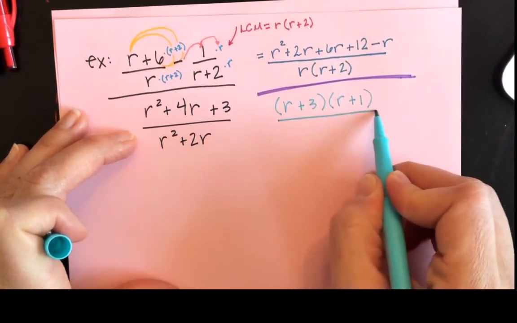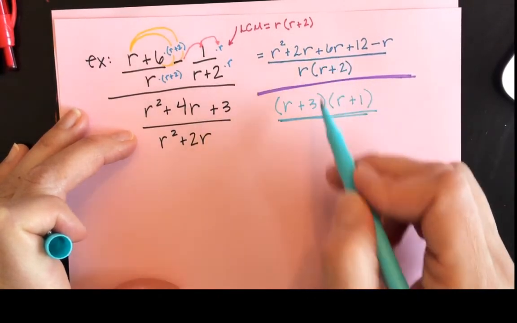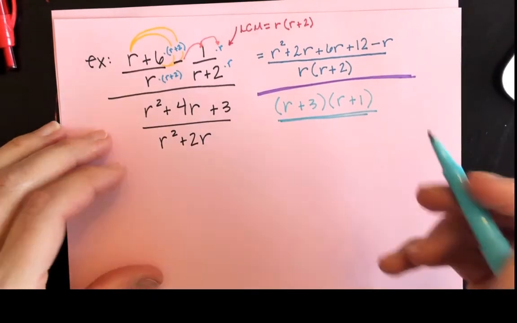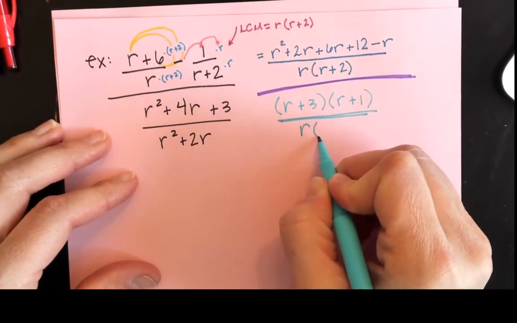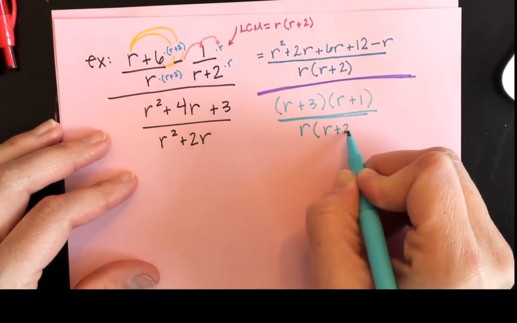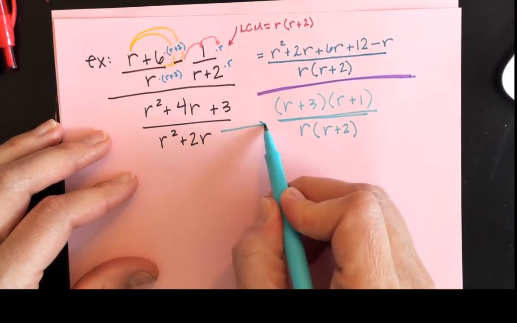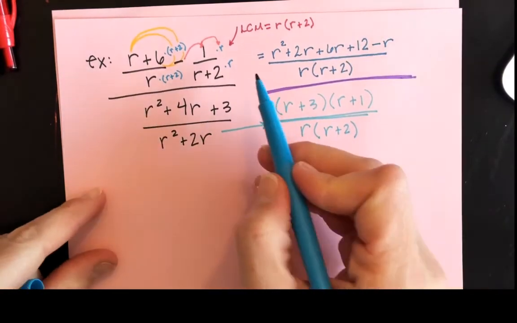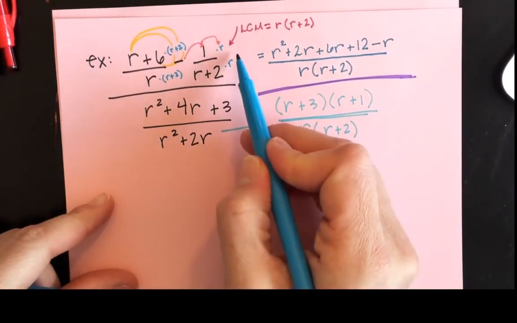And I'm going to factor the bottom. I know I didn't simplify the top yet, but I'm just going to take this in as many steps as I can. And down here is r times r plus 2. So that's this guy. All right, and we know the top still stays here.